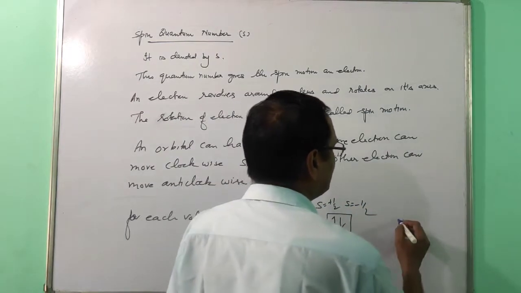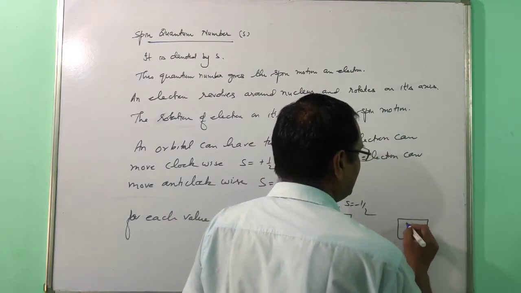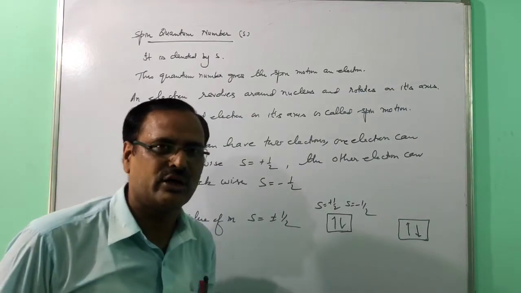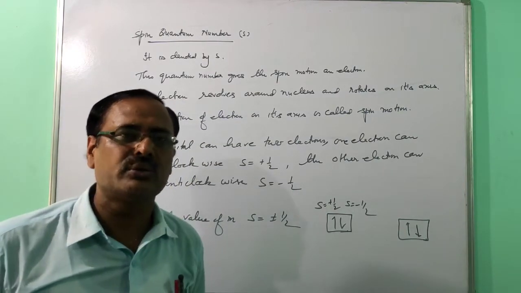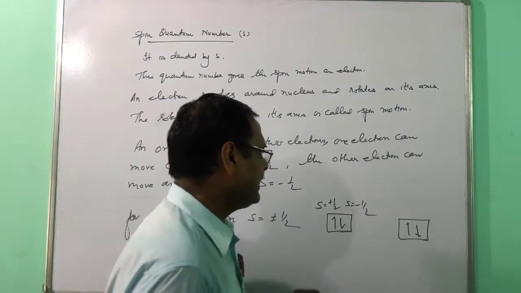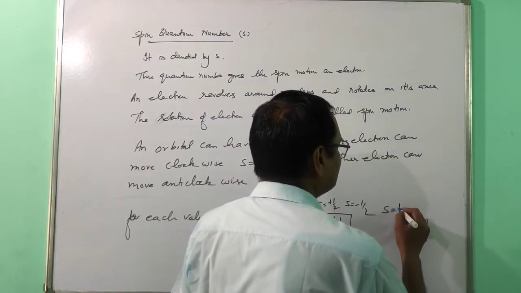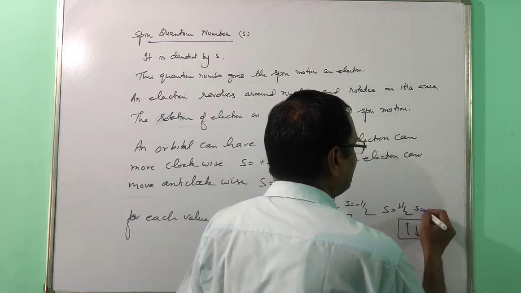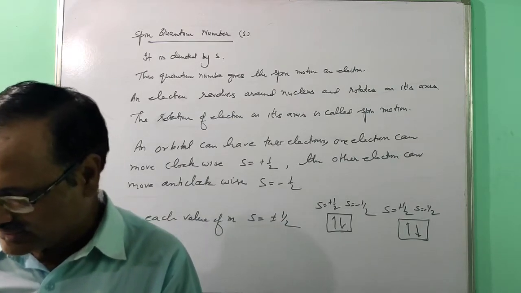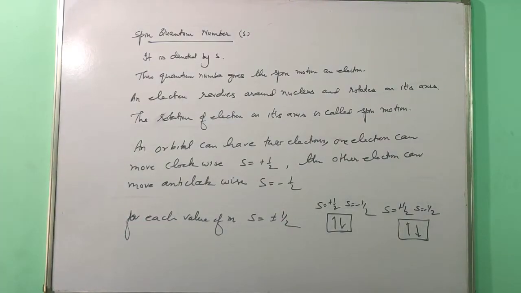If one box represents one orbital, and in one orbital two electrons are there, so one can move clockwise, other one anti-clockwise. So for this, s is equal to plus half, s is equal to minus half. So this is all about the quantum numbers.